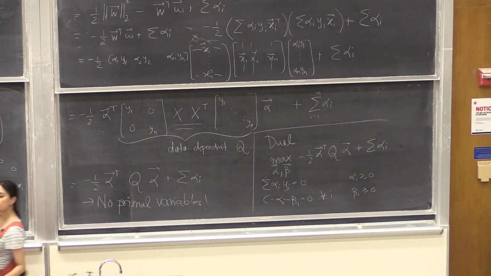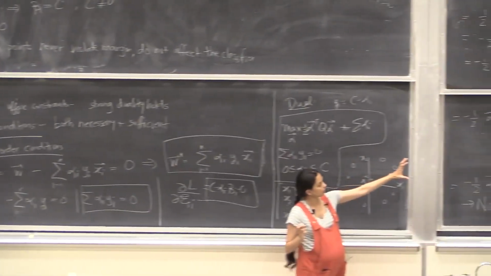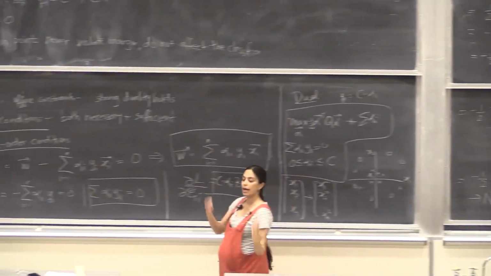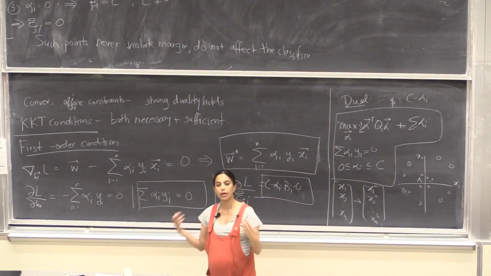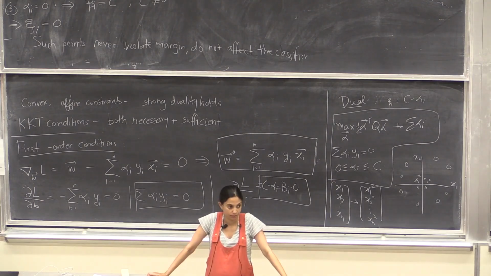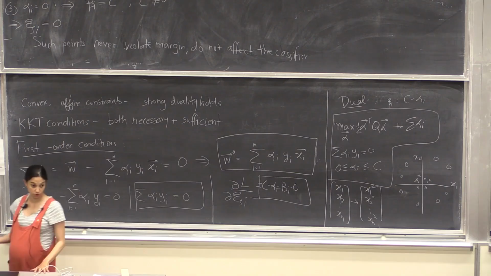So what kernelization allows you to do is, instead of your features being x1, x2, x3, x4, think about them as being functions of x1, x2, x3, x4. A common thing that people like to do is think about polynomial functions.